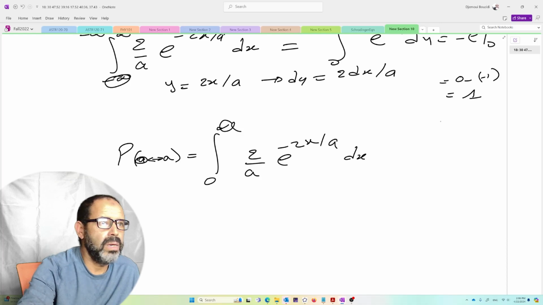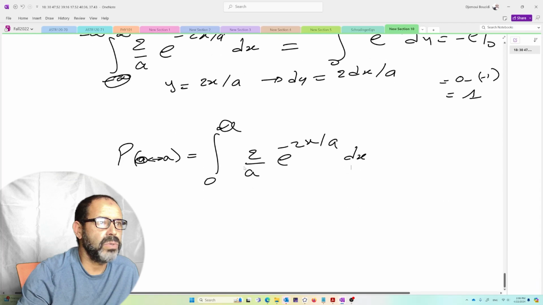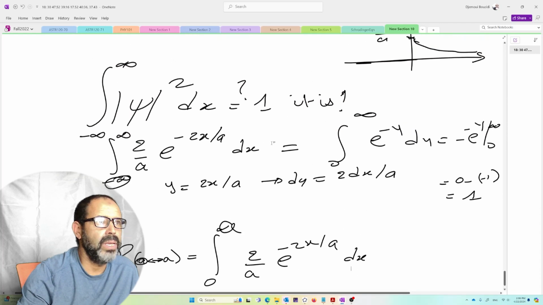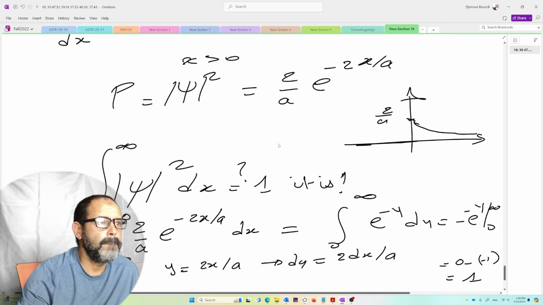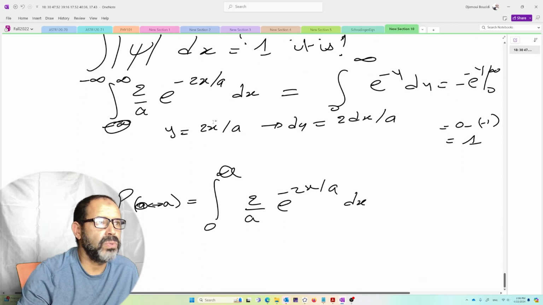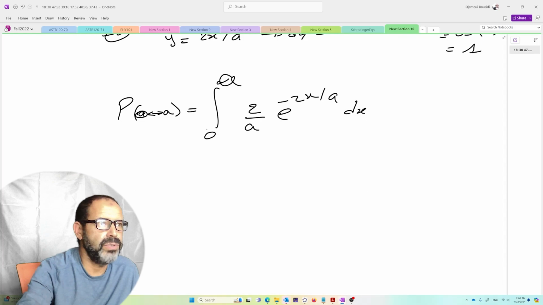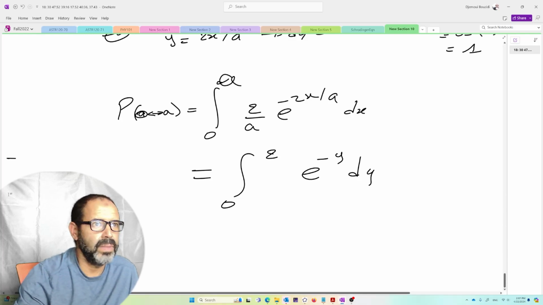We're going to make that same change of variable, y equals 2x over a, except now the boundaries of integration for x equals 0 is 0, but for x equals a, y is 2. So the integration changes from 0 to 2 of exponential of negative y dy.